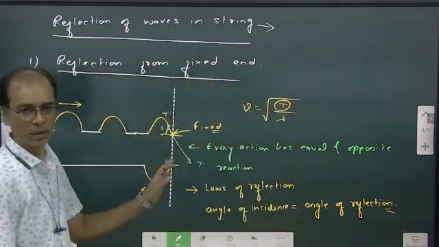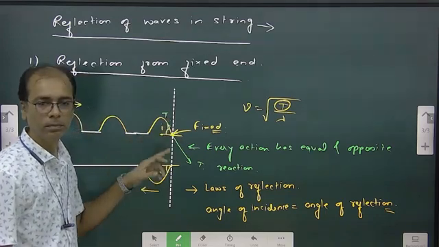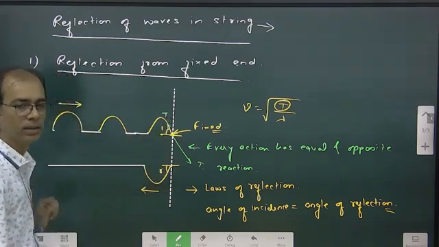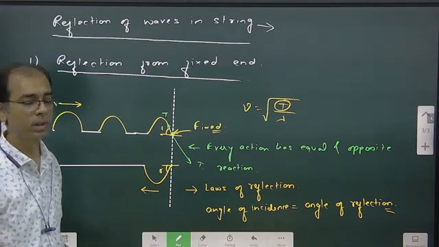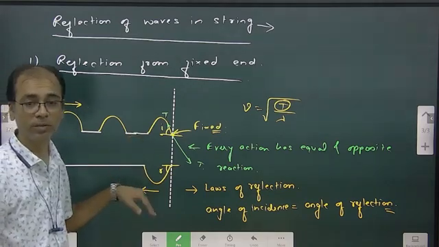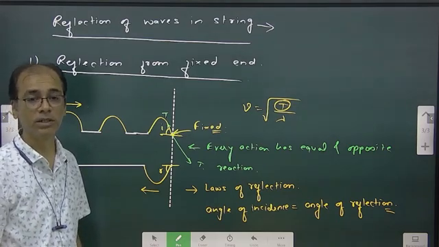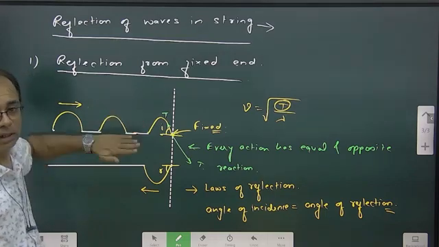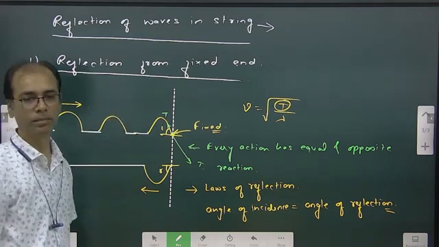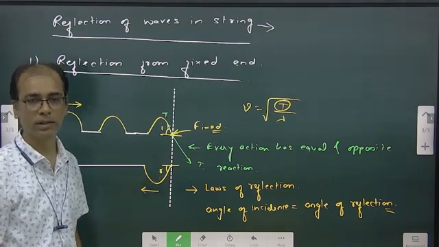Okay, this is fine. So the wave was going like this, then reflected and came like this. But in this, one more thing has happened. The phase of the wave has changed by 180 degrees. It was like this. Now it is like this. Okay, it has changed by 180 degrees.